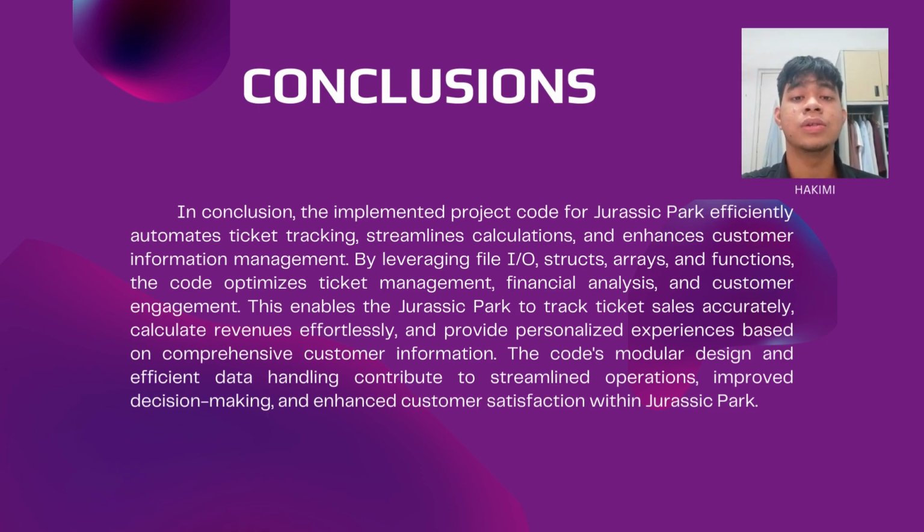This enables Jurassic Park to track ticket sales accurately, calculate revenue effortlessly, and provide a personalized experience based on comprehensive customer information. The code's modular design and efficient data handling contribute to streamlined operation, improved decision making, and enhanced customer satisfaction within Jurassic Park. Thank you.